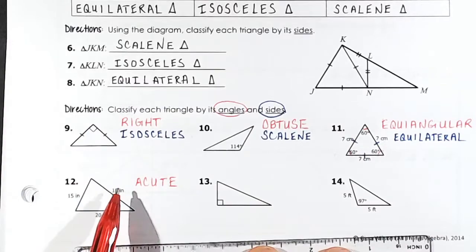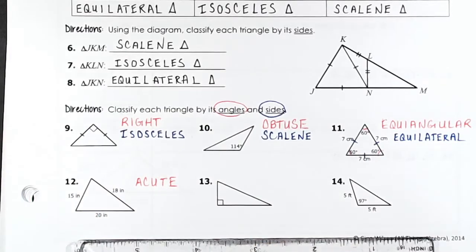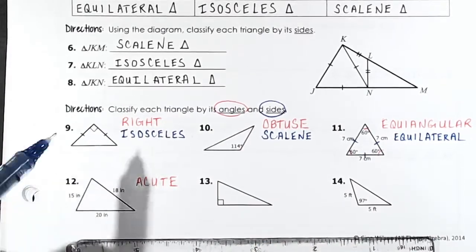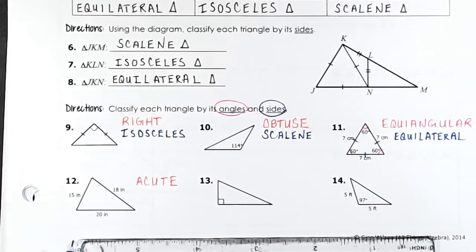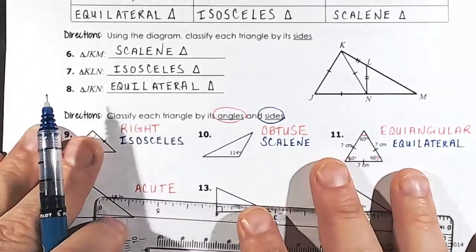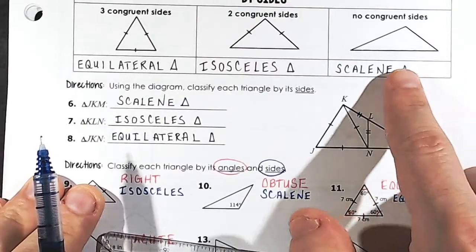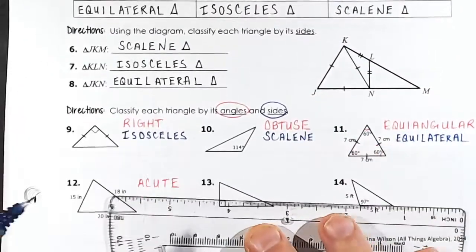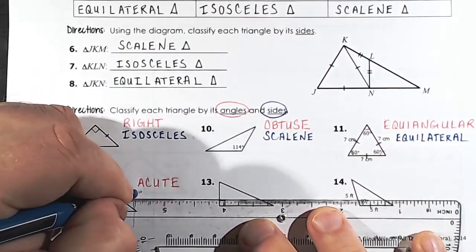Now we have to look at it laterally, or by the length of the legs of the triangle. And we see that here this is 15, 20, and 18. None of those are the same. So we classify a triangle with no congruent sides to be scalene. So this is an acute scalene triangle.